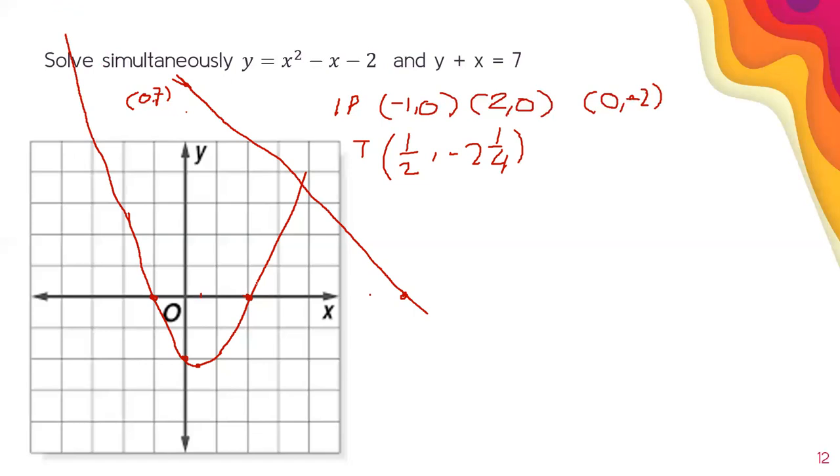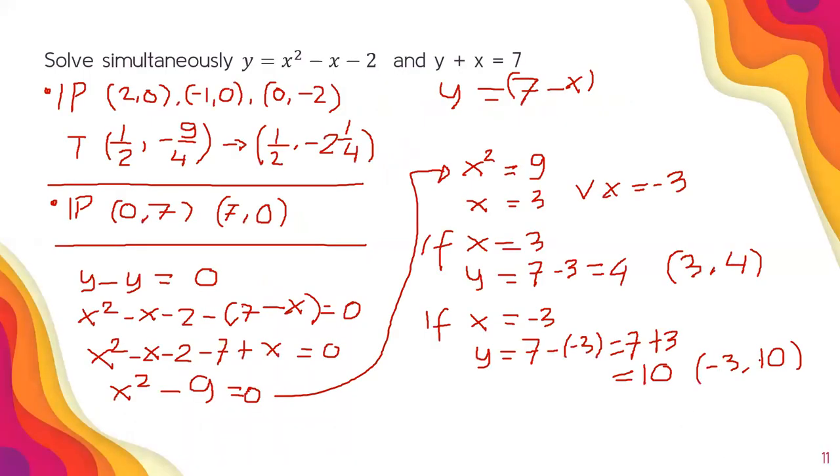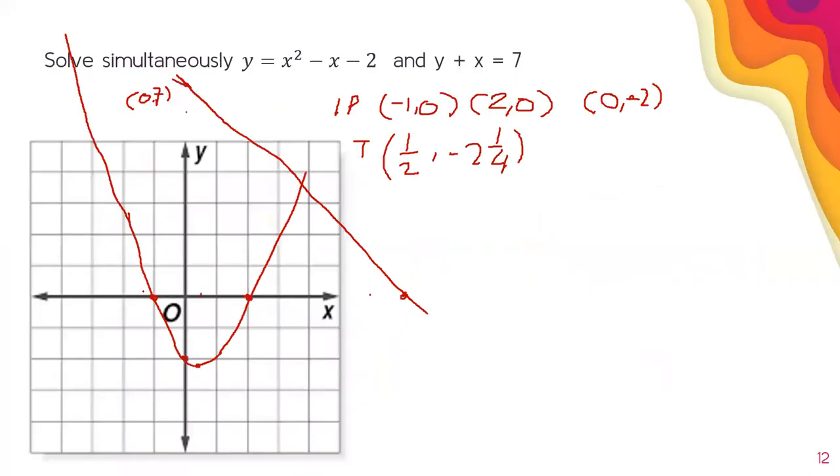So the intercept points are -3, 10 and 3, 4. Yeah, -3, 10, around here, 7, 8, 9, 10.